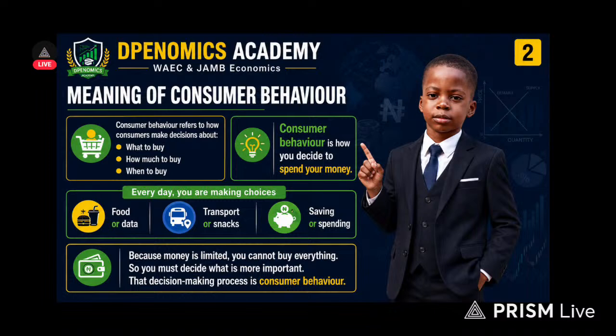Consumer behavior refers to how consumers make decisions about what to buy, how much to buy, and when to buy. So, in simple terms, consumer behavior is about how you decide to spend your money.